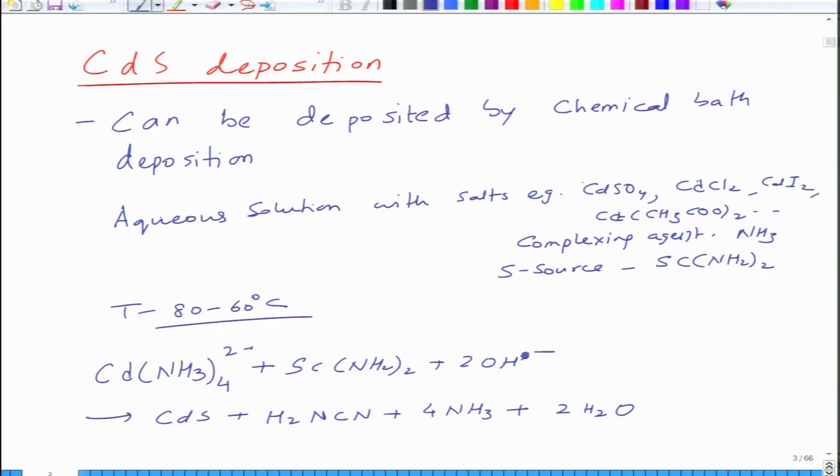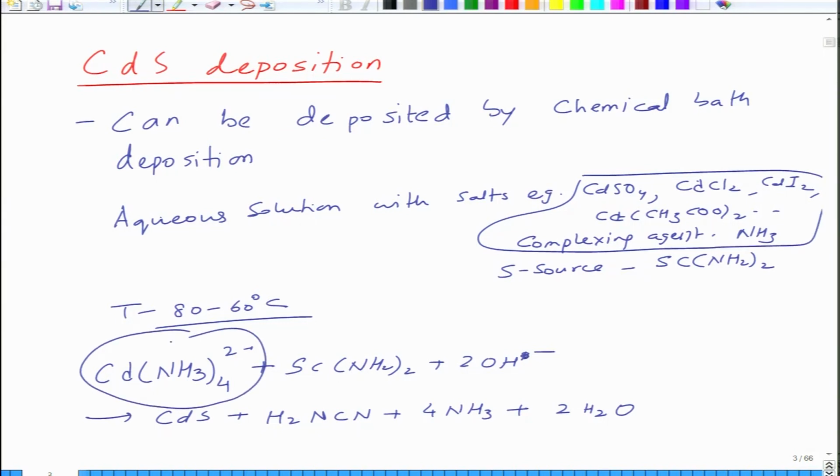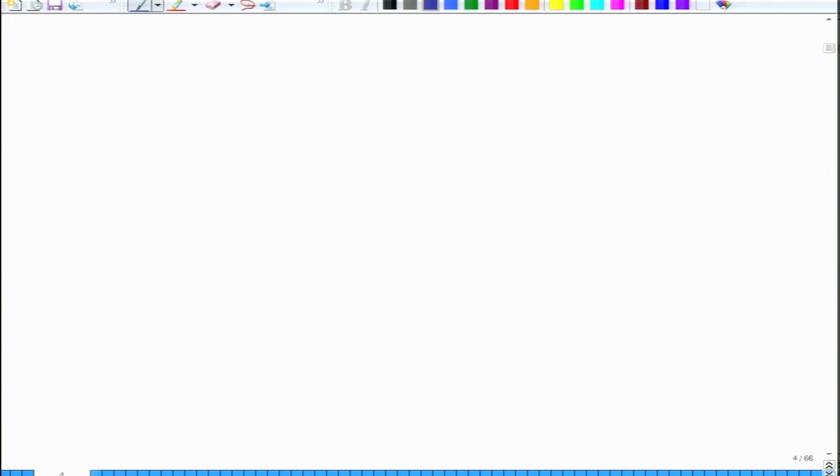So, essentially you make a complex salt of cadmium and ammonia. This is thiourea, this is from water, and this gives rise to your cadmium sulphide, the final compound. So, this is the method of growth of CdS in CIGS solar cells.